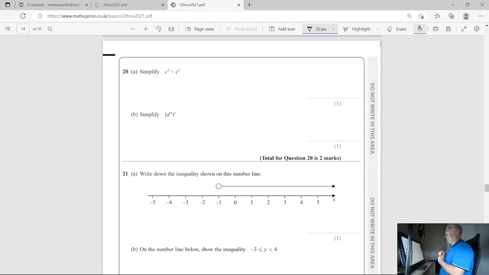Question 20. Again, we've got an A and a B, but they don't relate to each other this time. So we've got c to the power of 5 divided by c to the power of 2. So c times c times c times c times c divided by c times c. c to the power of 5 is just c times by itself 5 times. c to the power of 2 is c times itself 2 times.